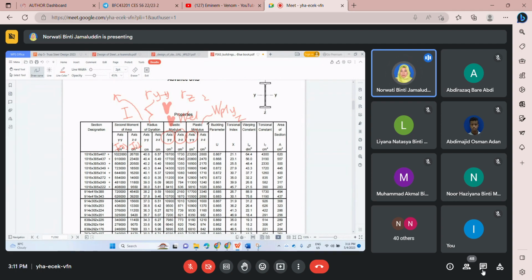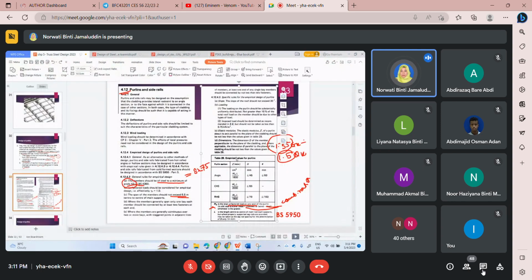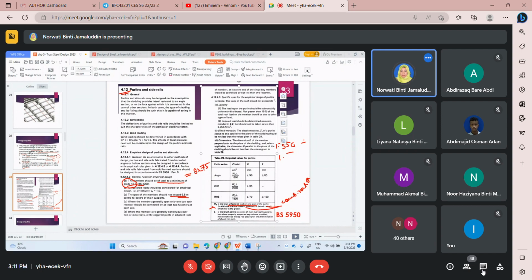Eurocode uses W, while for PS they use Z. But actually they represent the same thing, which is the modulus of elasticity. That's all.